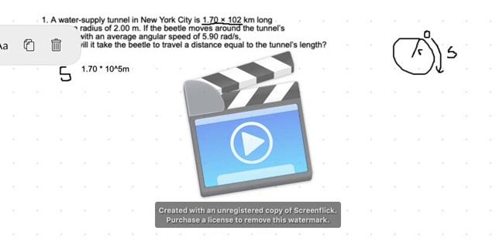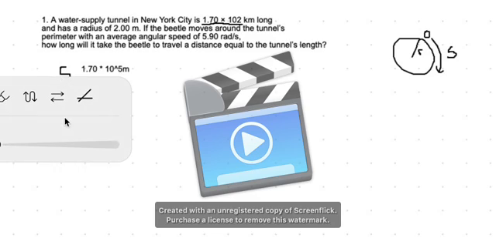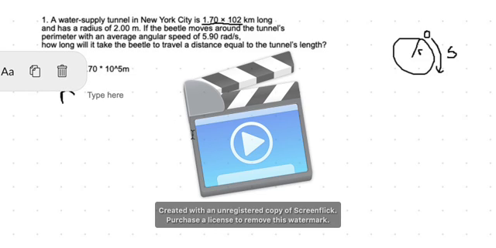So that's my first variable, the distance that the beetle moves around the edge of the tunnel. Then I've also been given the radius of the tunnel, which is 2 meters. Now that my distance around the perimeter of the tunnel is in meters, I don't need to convert that to anything because they're in the same units.